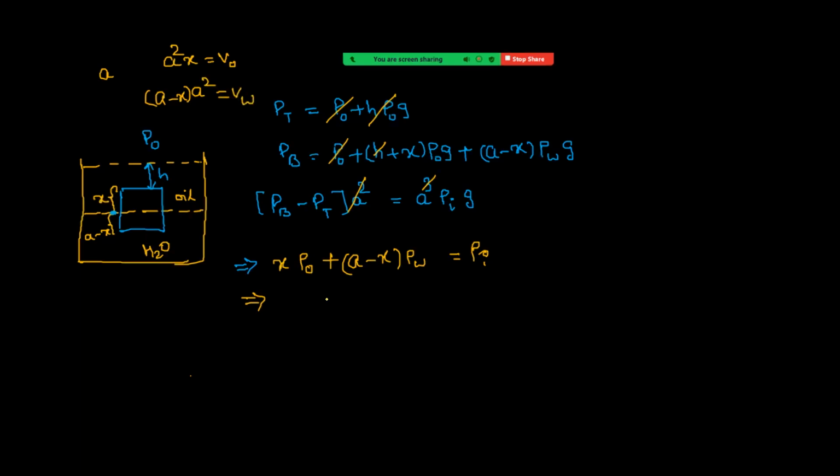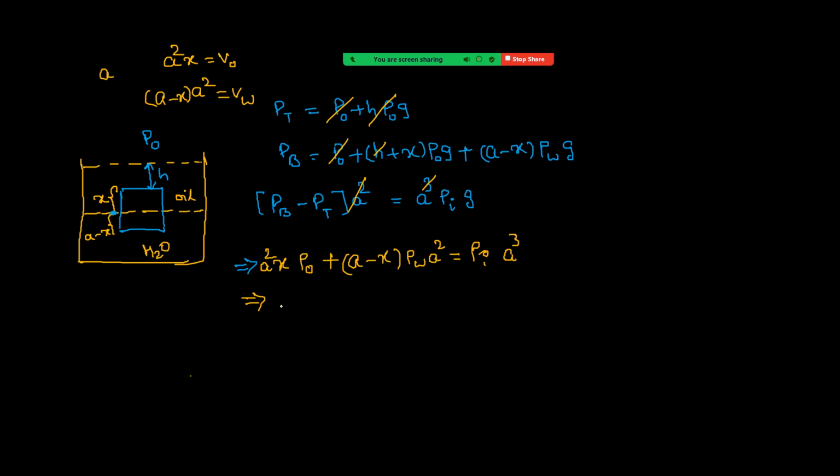So instead of cancelling A square throughout, better to leave A square like this, so that this is A cube, here A square, and here also A square. I am not cancelling, because we want to calculate A square into X and A minus X into A square.